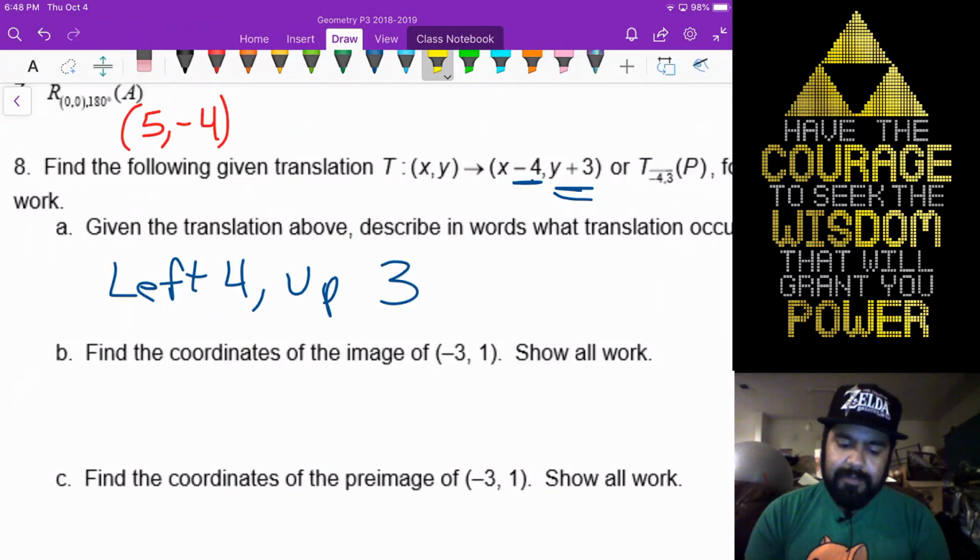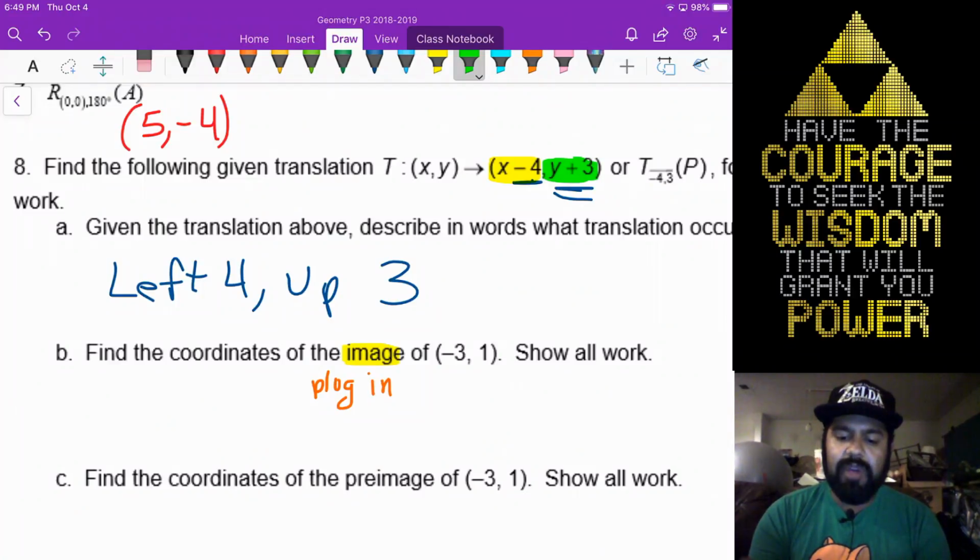Okay. Finding the image means I'm plugging it in. So plug it into what? Well, you have the equations up here: x minus 4 and y plus 3. What do you plug in for x, Mr. T? Negative 3. And what do we plug in for y? Positive 1.